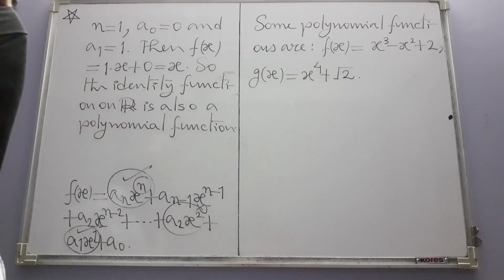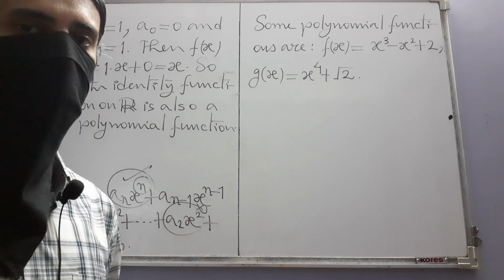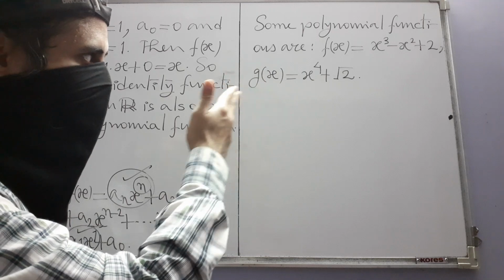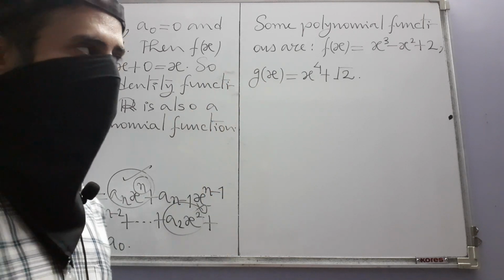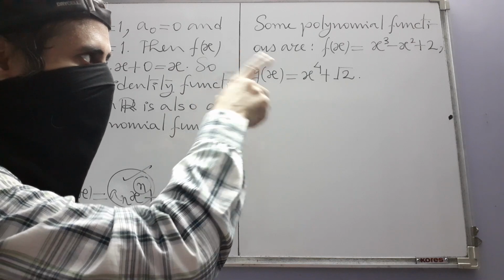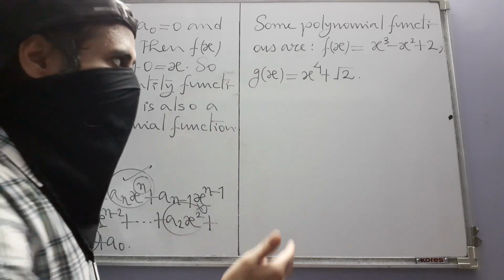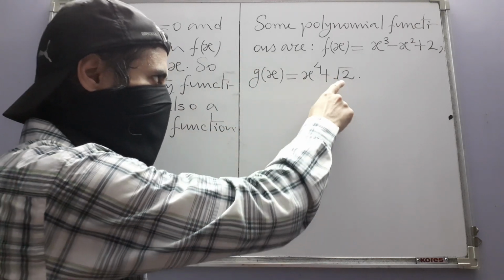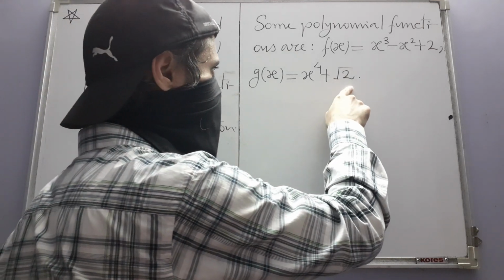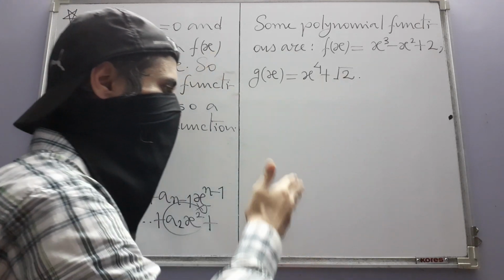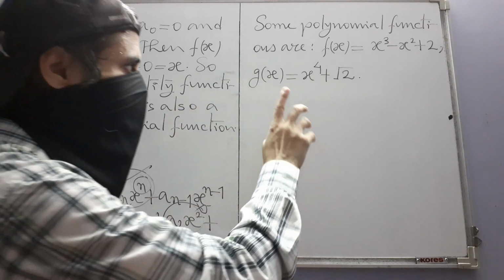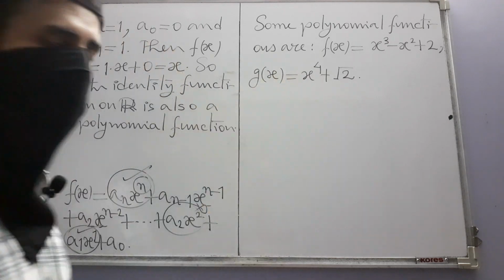Square root of 2 has been taken purposely here just to show that although we are saying the coefficients are real numbers, the examples so far have all had integer coefficients. So they can be rational numbers also and even irrational numbers. In this case, a0 is square root of 2, a1, a2, a3 are all 0 and a4 is 1.